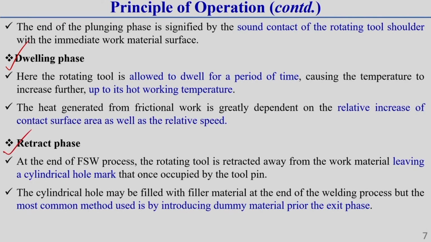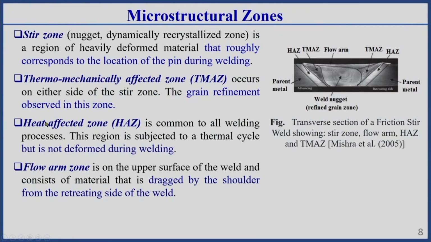Okay. Now, we will discuss the different types of microstructural zones observed in the friction stir welding process. In friction stir welding there can be 4 different types of microstructural zones observed.